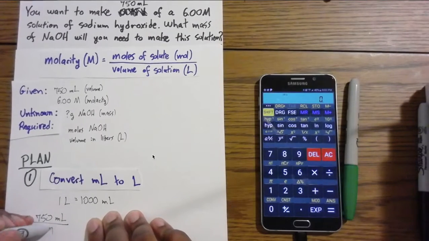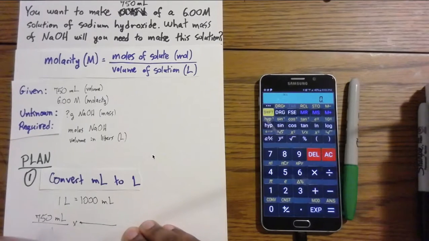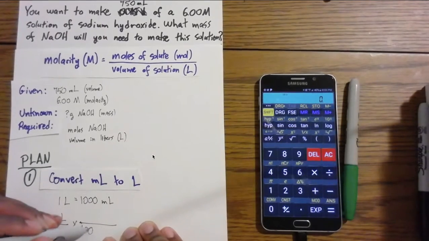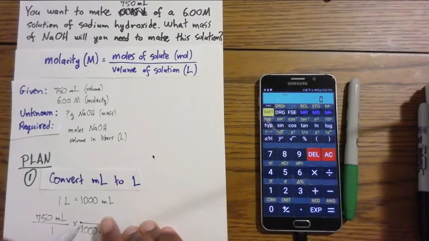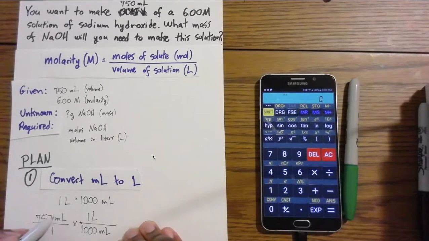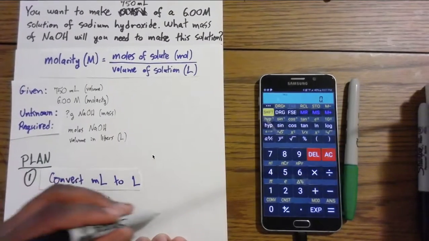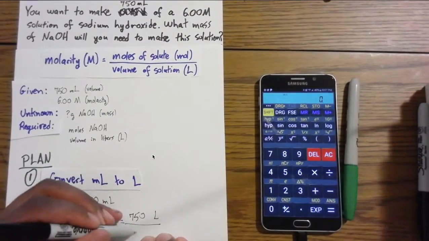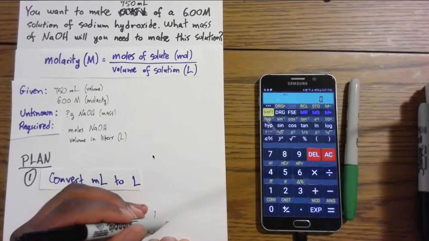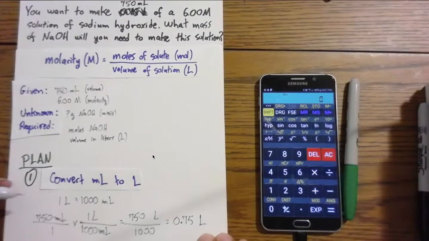We'll convert that to liters like so: set it up over 1, multiply it by its conversion fraction, with milliliters on the bottom, 1,000 milliliters, and on top is 1 liter. Milliliters cancels out, and I get 750 L over 1,000, which is equal to 0.75 L.